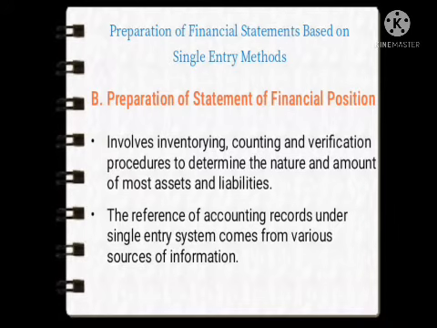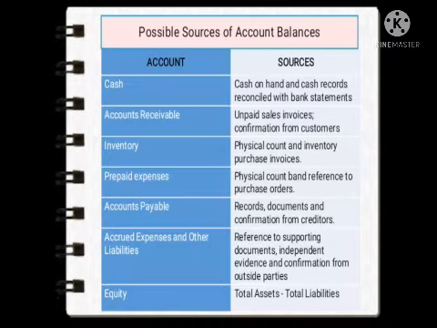These are the possible sources of account balances. For example, for cash, the sources are the cash on hand and the cash records reconciled with bank statements. For accounts payable, the sources are records, documents, and confirmation from creditors, and for the equity, the total assets and total liabilities and such.